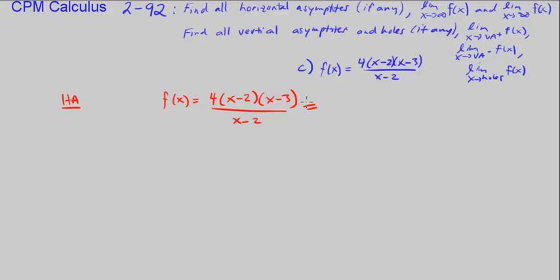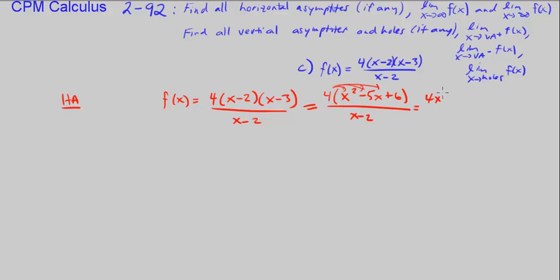But we know we can make this unsimplified. To unsimplify it, we want to distribute these. Distributing, we get 4 times (x squared minus 5x plus 6) over (x minus 2), and you could use the box method or any method of your choice. Now let's distribute in that 4.